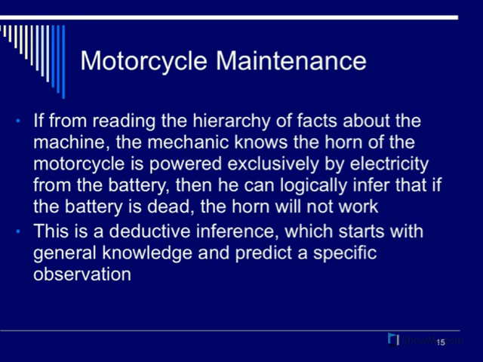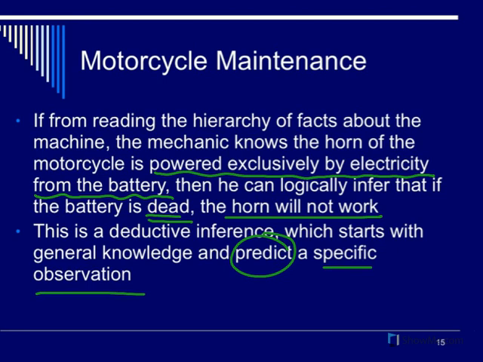That is the specific idea. There was a general truth that was already known, and in the specific instance of the battery being dead, that means the horn won't work. You start with a general piece of knowledge, and as a result of that, you make a prediction based on a specific observation.